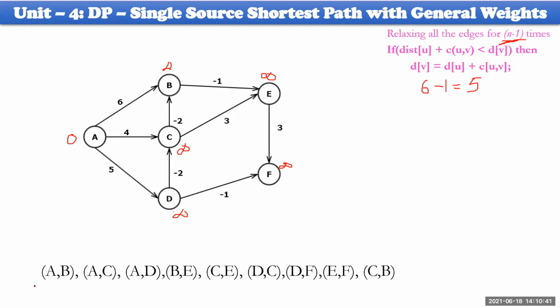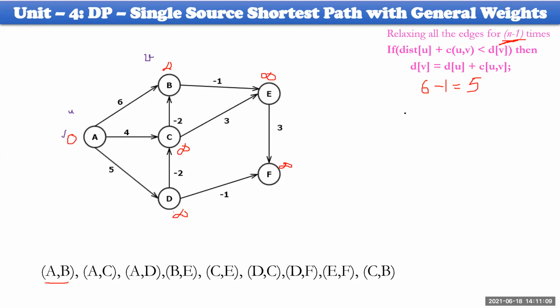First we have to consider the first edge, that is A to B. Let us consider this vertex as u, and this is v, for example. Try to observe this formula. Distance of u, what is it? That is 0, plus cost of u comma v. What is the cost of u comma v?